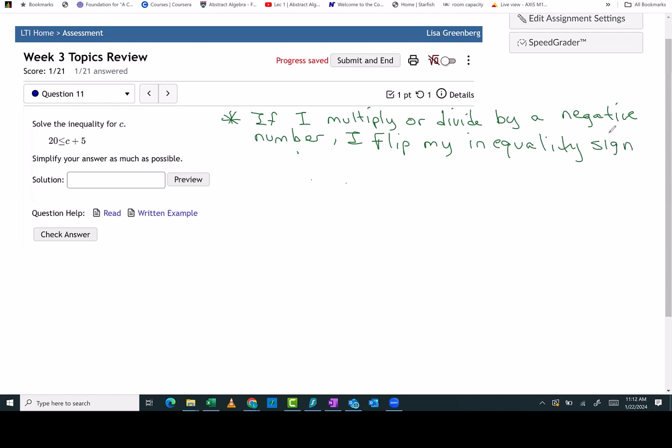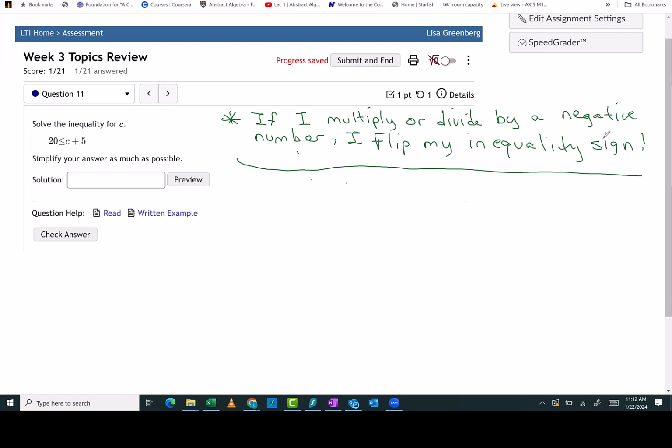That's it. If I multiply or divide by a negative number, I flip my inequality sign. Make sure that every time you take a step, you always think about that.